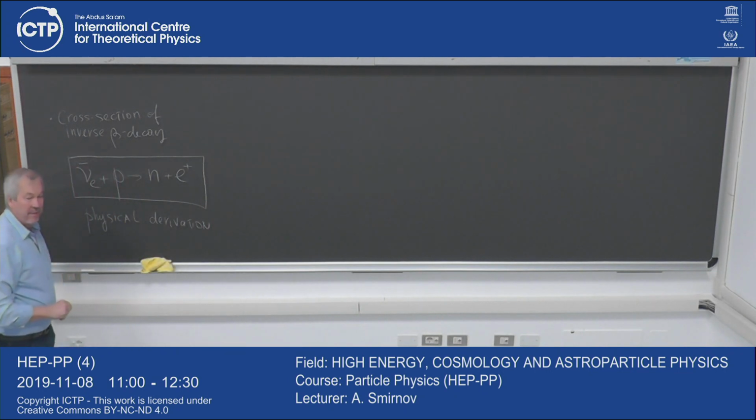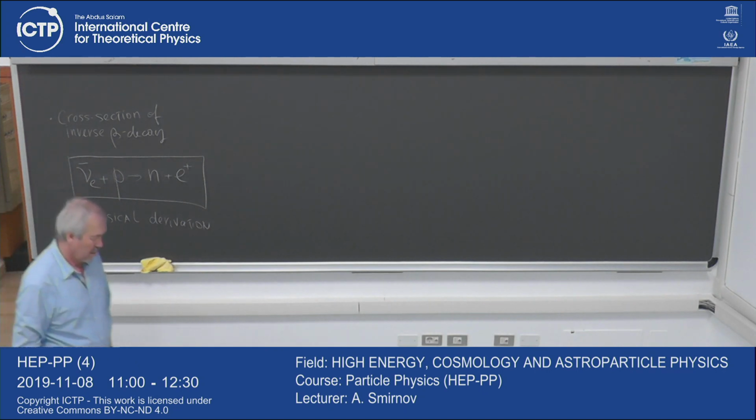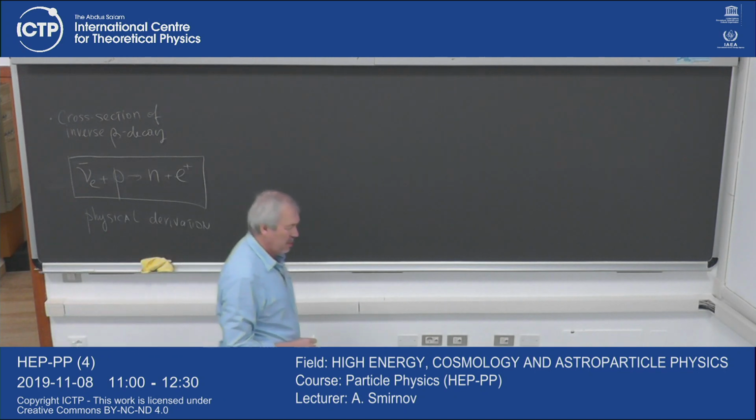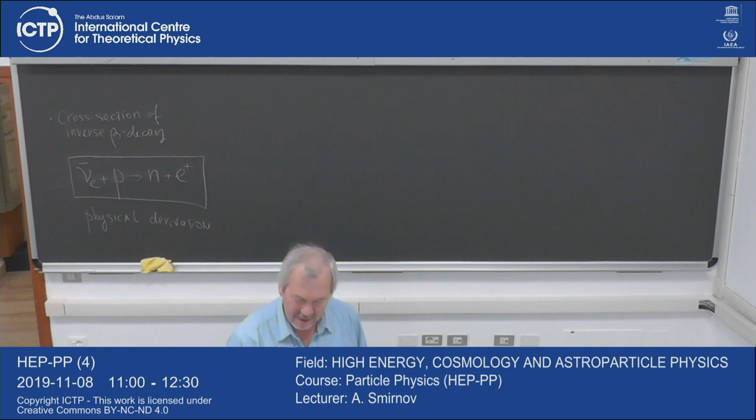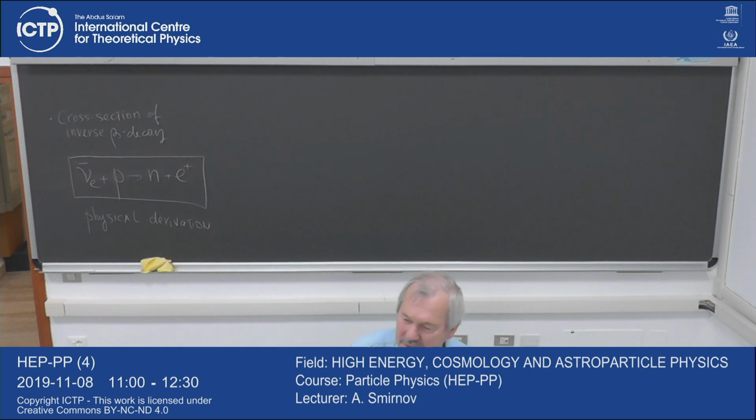Using some general physics arguments, because to derive the exact formula for this cross-section starting from quantum field theory, I will probably need one lecture. So what I will do, I will derive it almost precisely, up to a coefficient of the order 1, without really using any formalism, on physics grounds. And this is extremely important.